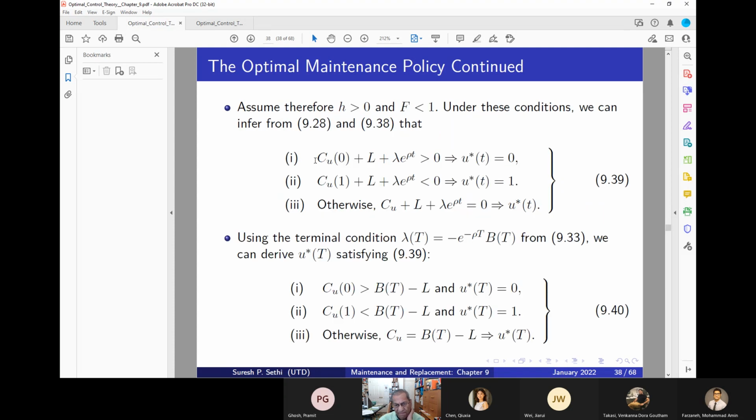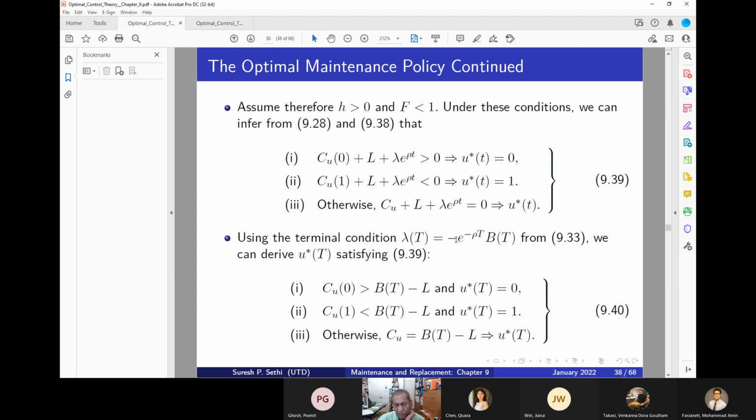This part says the same thing as we did in the Thompson models, not the Thompson, but the nonlinear version of the Thompson model that I did. So if this is the condition, then u star equal to 0. If it is less than 0, then u star equal to 1. And if it is in between, then you find a control which is between 0 and 1. So this is just the maximum principle.